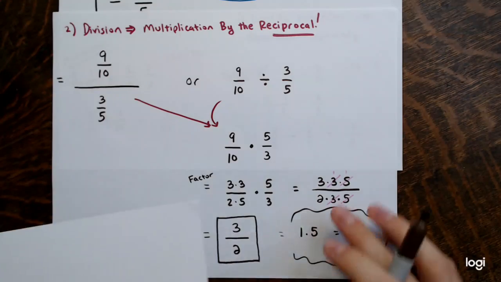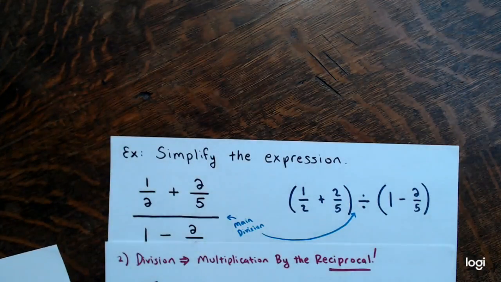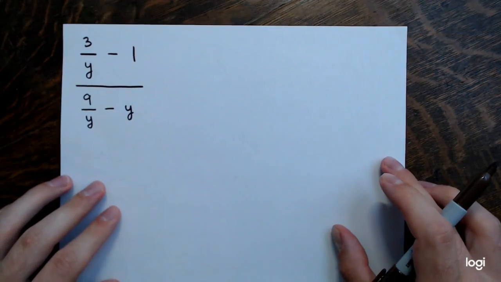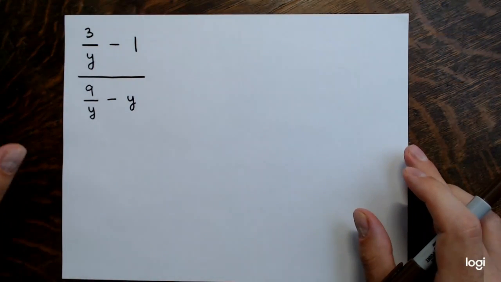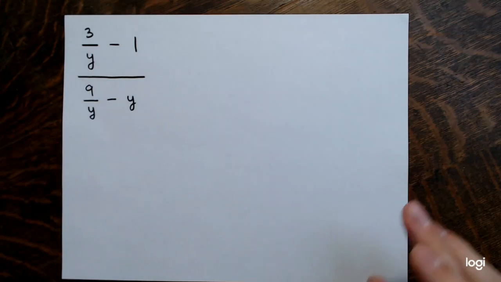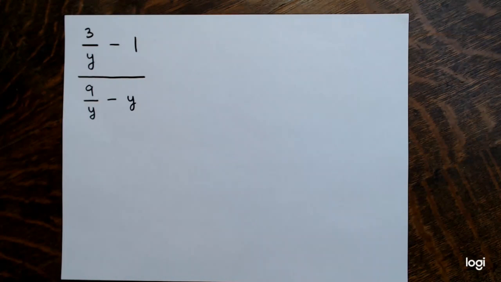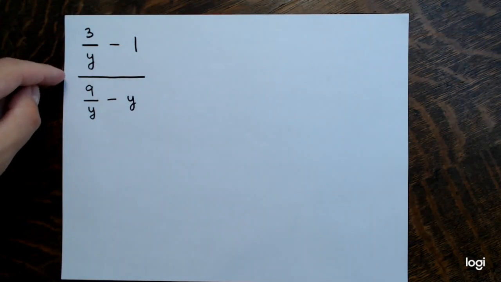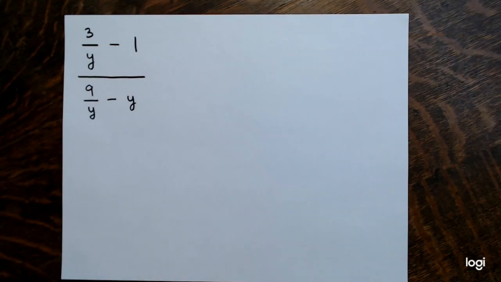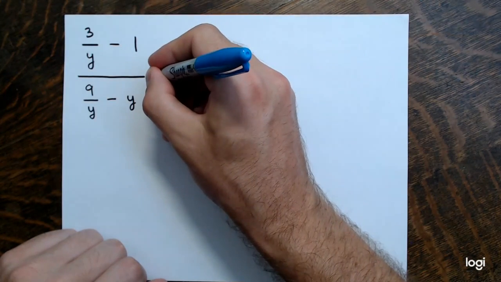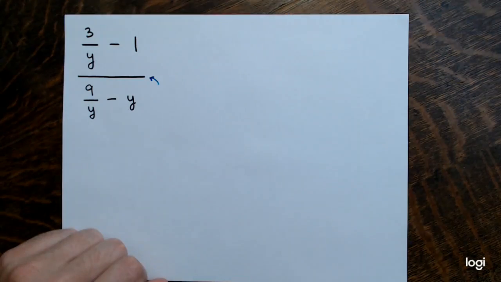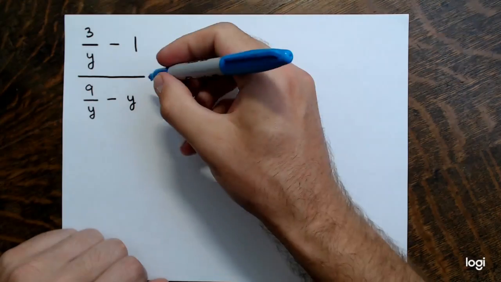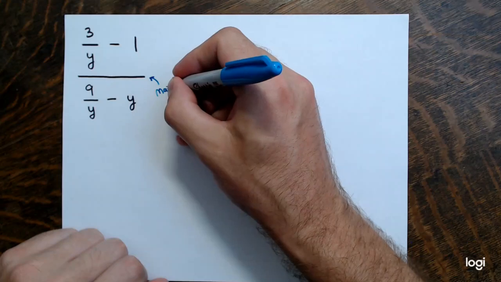All right, so my next example. Just because there are variables there does not change my procedure for simplifying. So I'm asked to do the same thing. Here's this fraction with fractions in the numerator and denominator, a complex fraction, with 3/y minus 1 above the main bar. Again, typically the longest bar, or the one that's thickest or in bold in a book, is the main division.